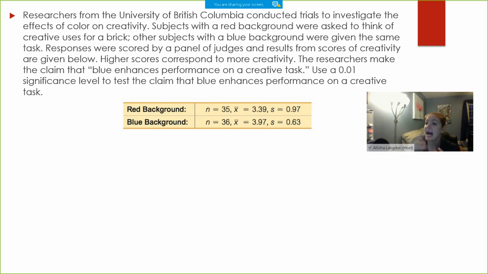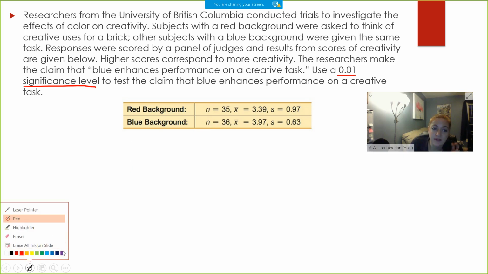Blue's going to give you those higher scores. Fun fact. Let's see if this is actually true. Okay. We're using a different significance level. We're changing it up. We're going to do 0.01 because why not?